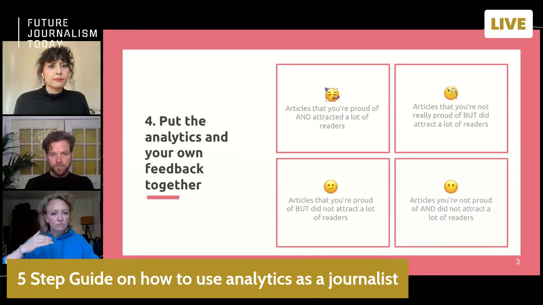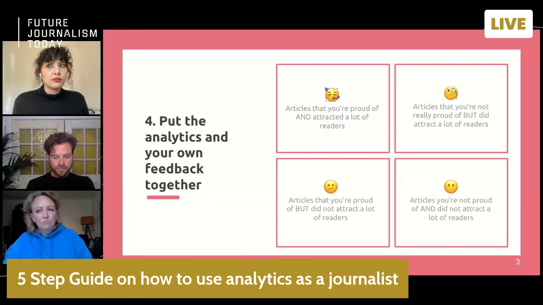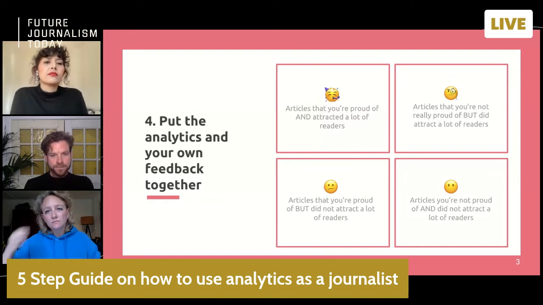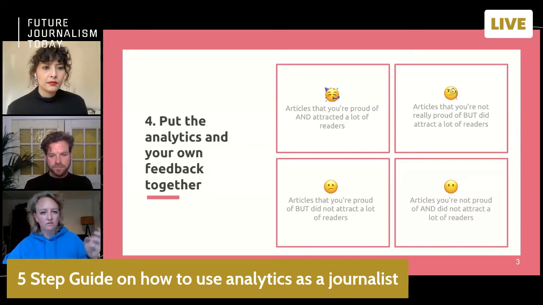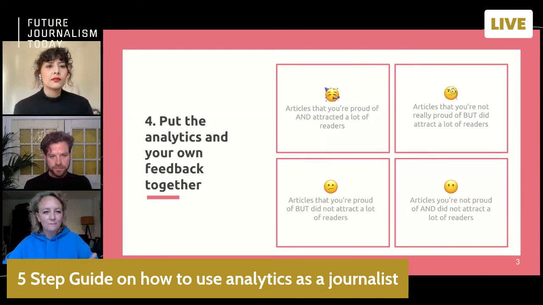You can go into the piece and see if there was a video or a link that made people leave the article, or maybe there was a part of an interview which people found boring or not that interesting and left. And if you use Chartbeat in your newsroom, and I think Parse.ly does it too, if it's live, you can see the scroll depth of the articles, so you can see where people leave.